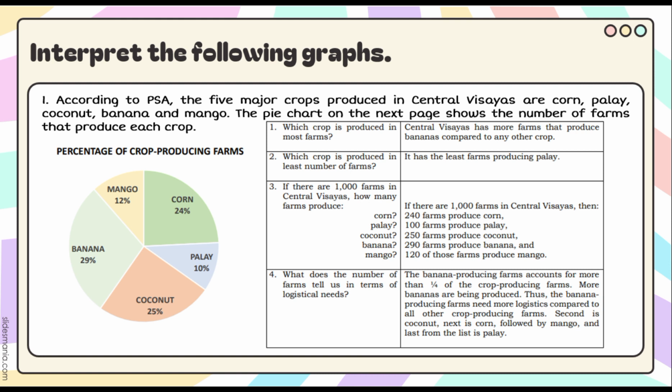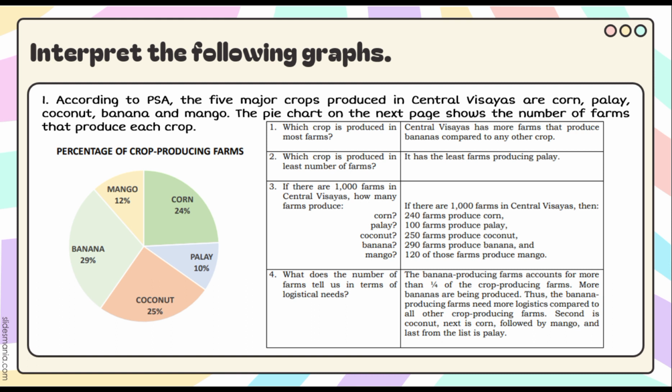For number 4, what does the number of farms tell us in terms of logistical needs? The banana producing farms account for more than 1/4 of the crop producing farms. So more bananas are being produced. Thus, the banana producing farms need more logistics compared to all other crop producing farms.